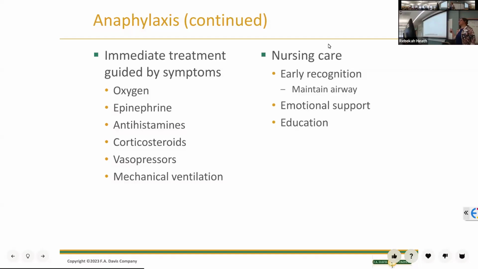I always think of first dose antibiotics. If somebody's never received that type of antibiotic, they're often getting an IV medication, IV antibiotics. If it's their first dose, I really want to look out for that, because there's a lot of sensitivity with antibiotics. I also think about patients who are getting contrast dye, right?